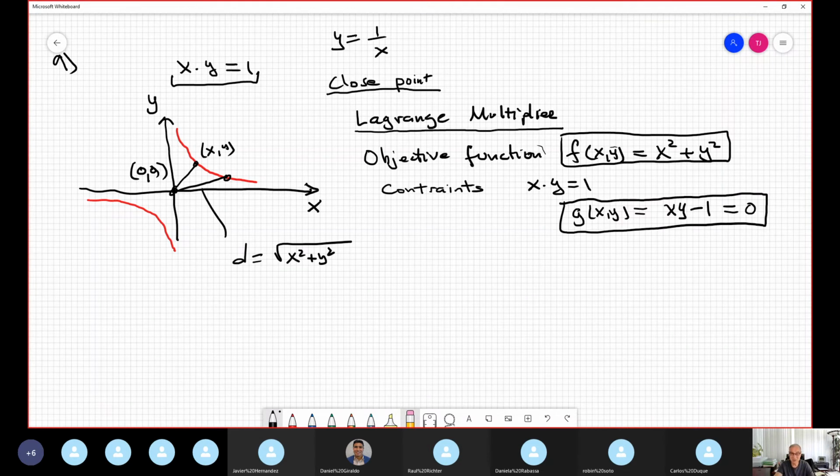But the distance squared does not contain the square root, and this function is easier to differentiate than this. They are not proportional, but they have the same equivalent meaning, right? So you want to minimize the distance, but you minimize the distance squared. It's the same objective. Is it clear or not? So I'm smart. I try to avoid the square root.